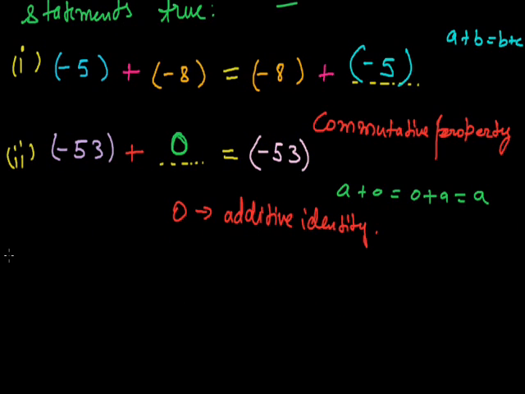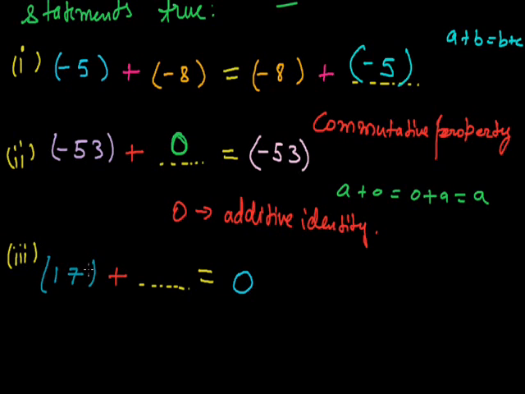Now the third part is 17 plus dash will give you 0. That means you are getting 0 when you are adding a number to 17.